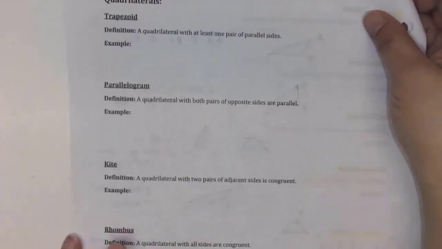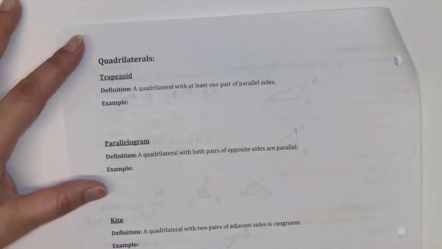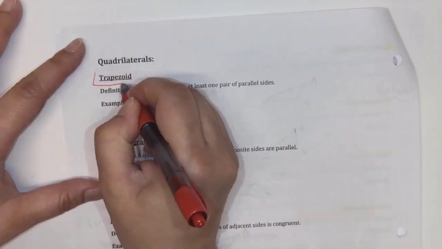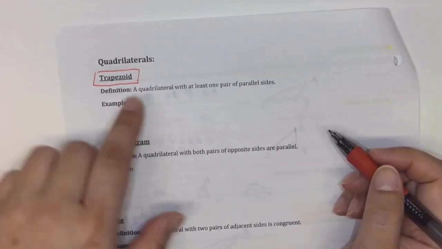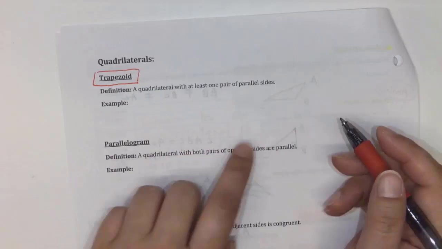And quadrilateral obviously means they are 4-sided shapes, and the definitions for trapezoid. So trapezoid is one type of quadrilateral, right? What makes something a trapezoid? They are 4-sided shapes with at least 1 pair of parallel sides, okay?